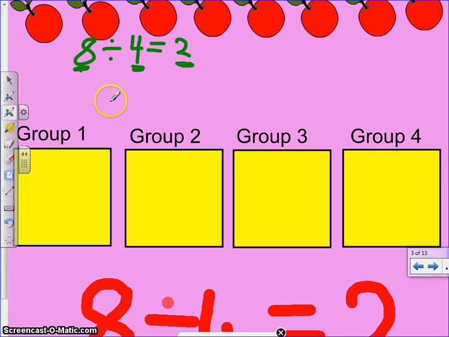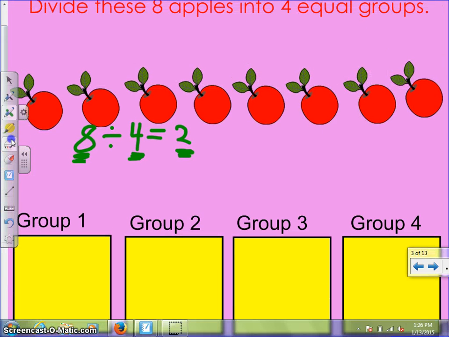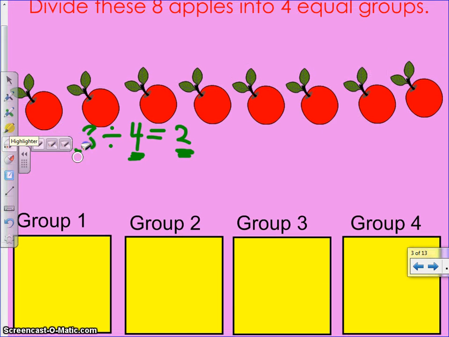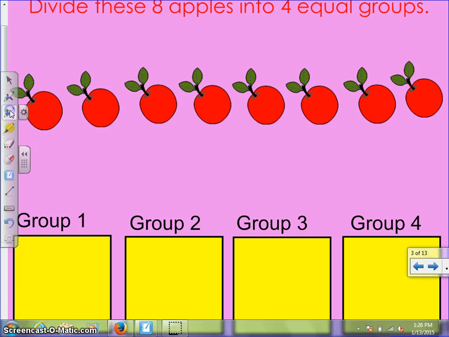Okay? The other way I can think about this is I could take 8 apples, I could divide it and put 4 in each group, and then I would end up having 2 groups. Okay? And that's going to look something like this. I take those same 8 apples up here, okay? I'm going to put 4 in each group, okay?